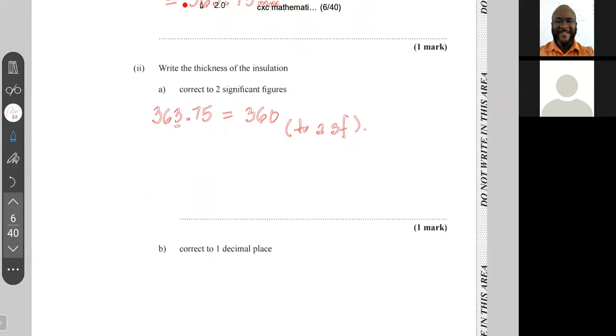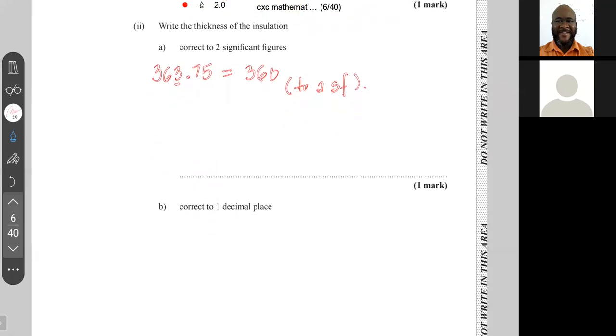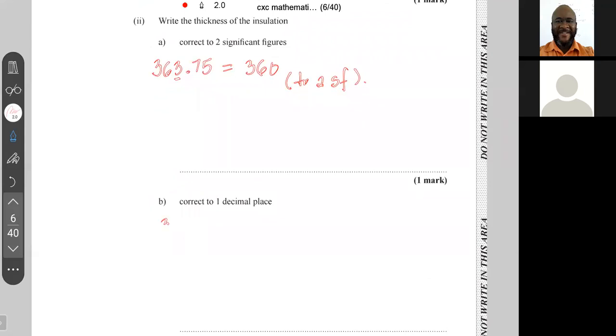Let's go. We're asked to write the same number now, but this time to one decimal place. So we're going to write 363.75 to one decimal place. Now, if you're going to write a number to one decimal place, you must look at the digit in the second decimal place. If the digit I'm considering is 5 or more, I must add 1 to the digit before it. If it is 4 or less, I must drop it and every digit after it.